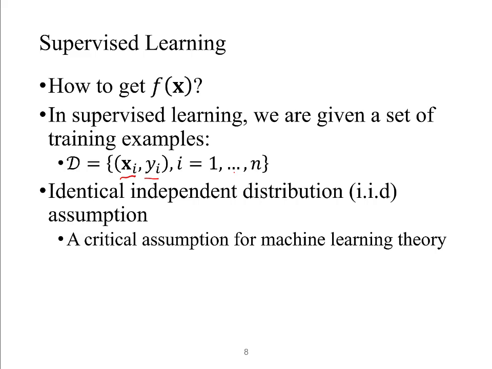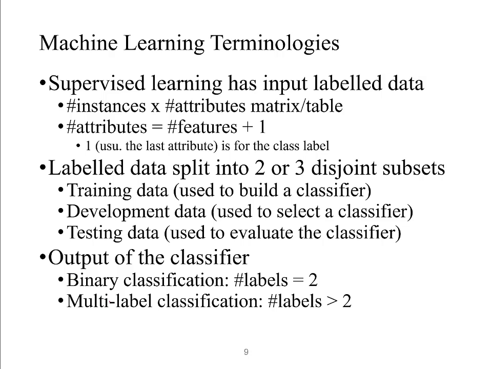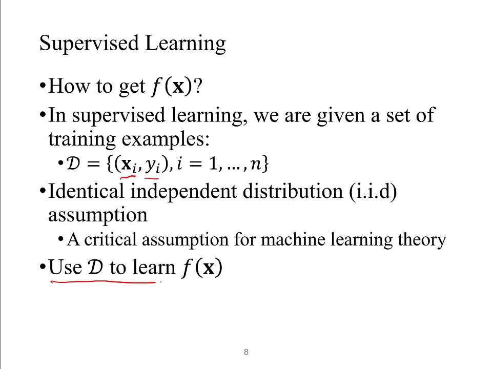So as long as we have D, now what we need to do is use D to learn f(x). This is supervised learning. You use training examples or training data to learn f(x), or more specifically, to learn the parameters of f(x).